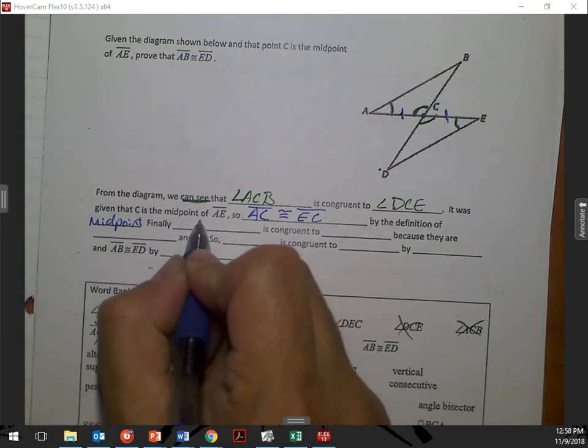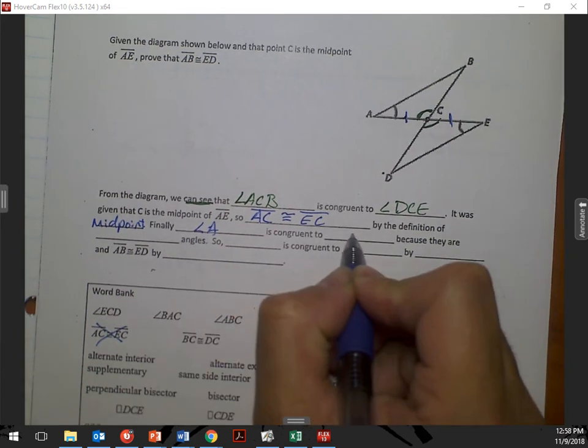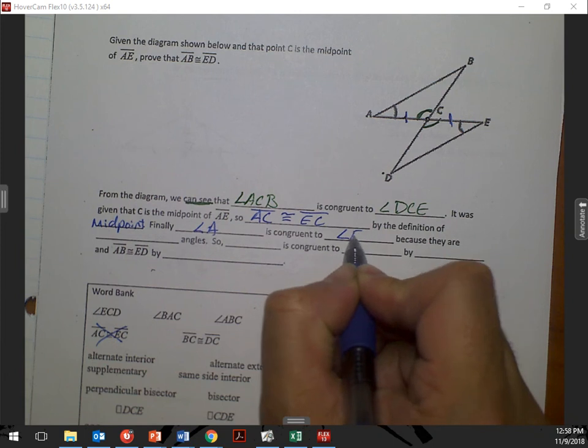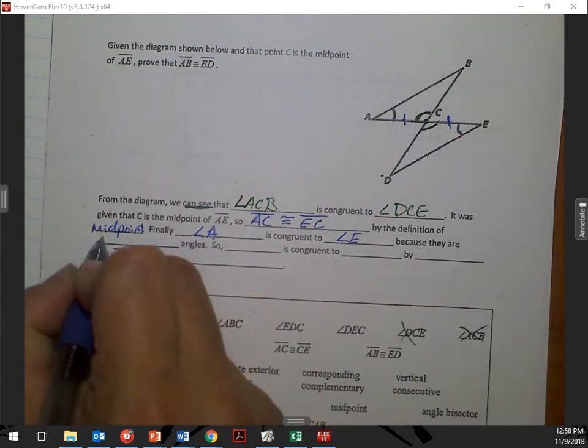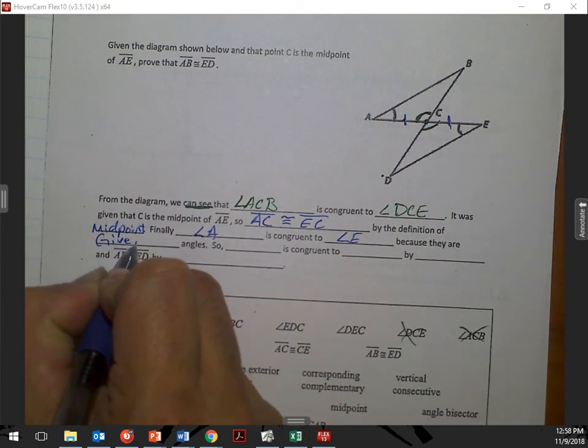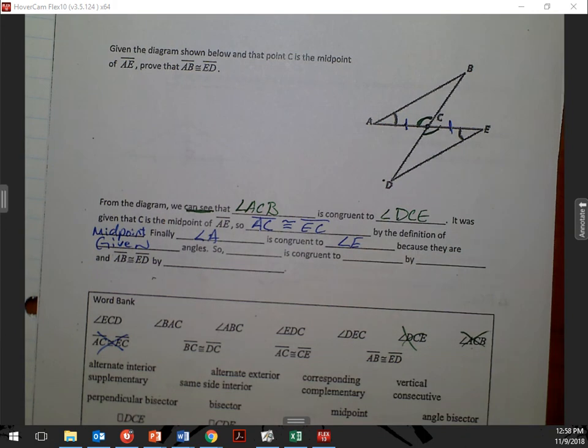We would say angle A is congruent to angle E because they are given angles. They're already marked on here, aren't they? Okay, so blank is congruent to blank by blank, and AB congruent to ED by blank.